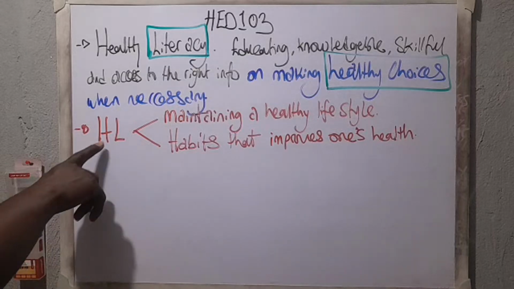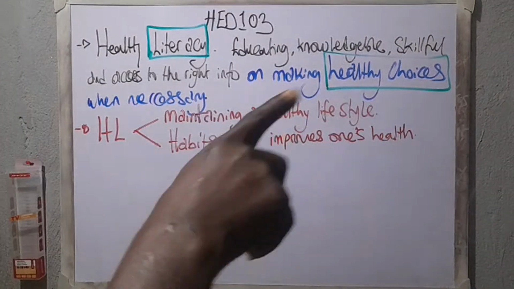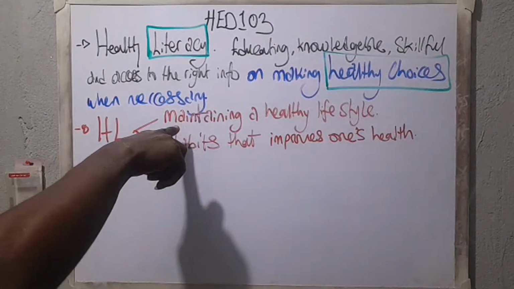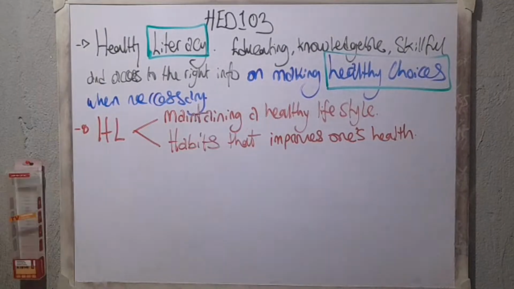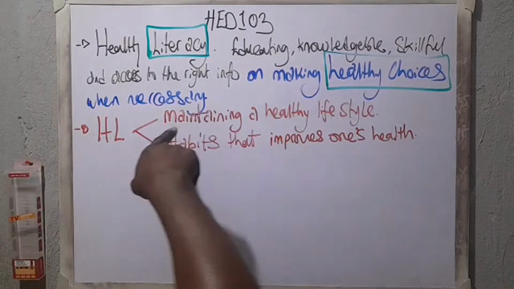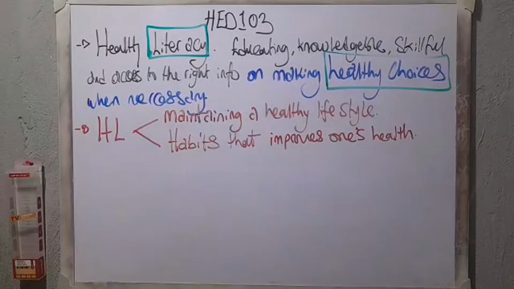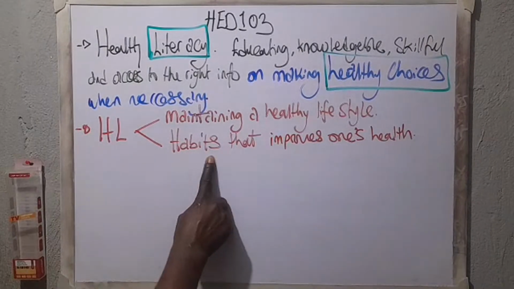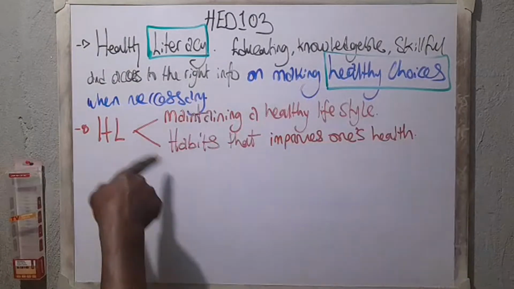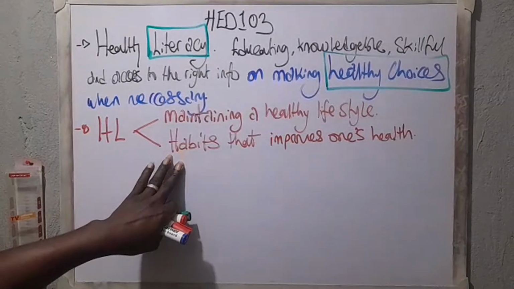For you to have healthy living, you will not make the choices once in a while. Look at what it says here: maintenance is continuous. For you to make these choices, it has to be continuous. That is the only way you can guarantee a healthy lifestyle. It is the cumulative behavior which we refer to as habits.